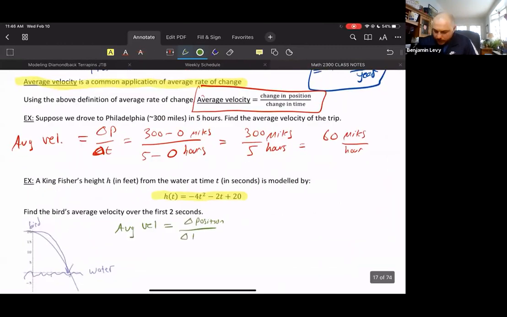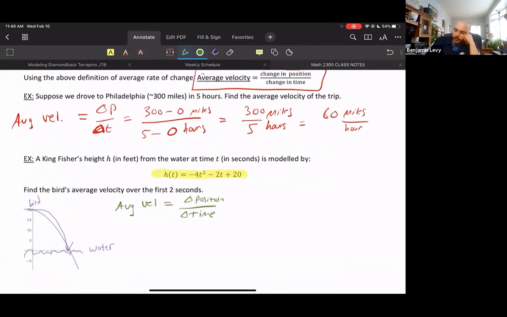Change in position over change in time. And H tells you the position, right? So you want to plug things in to the position formula, and we're doing it over the first 2 seconds. I should have mentioned that too, right? So that's from 0 to 2.